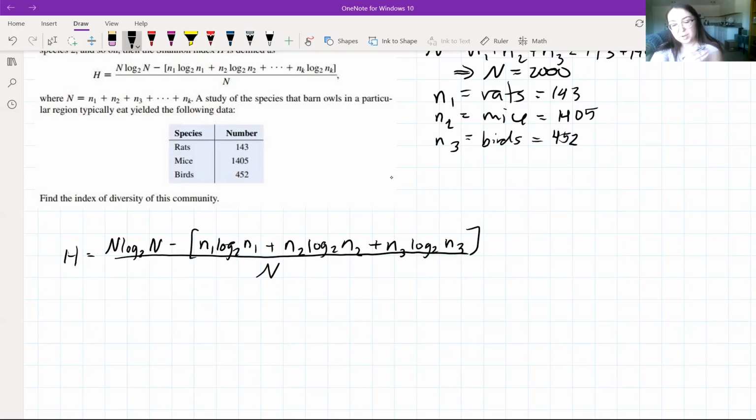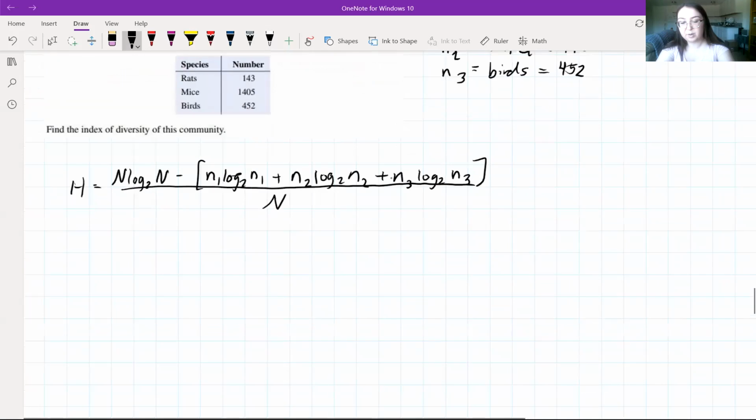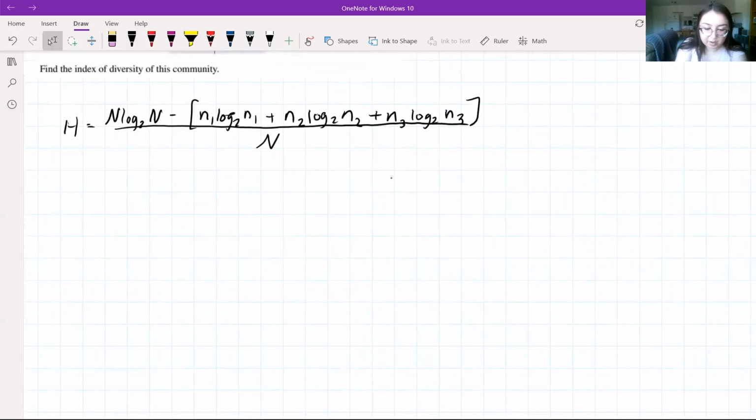All right, we have our equation and all of our variables, and now we're going to put it all together. We know capital N is 2,000, so we're going to say 2,000 times log base 2 of 2,000.